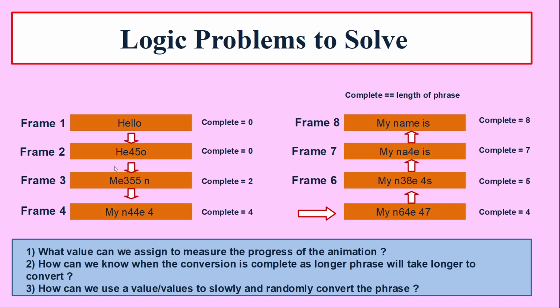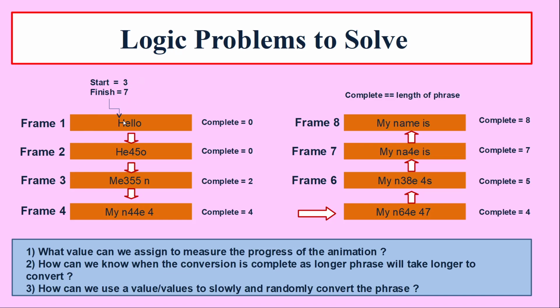We want some conversions to happen earlier on and some to happen later on. So we want a random effect here. What we could do is for each character, create a start value and a finish value. The start value equals the frame. So when the frame equals this value, we want to start doing random conversions.